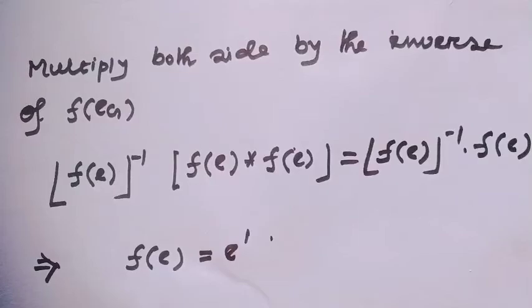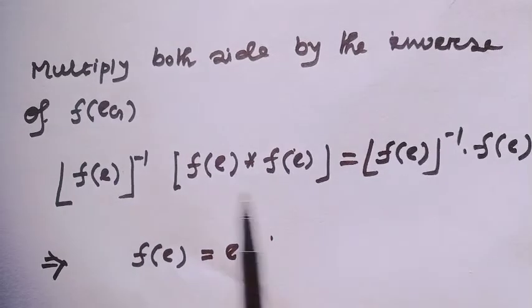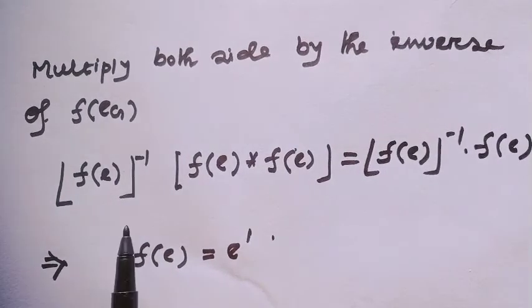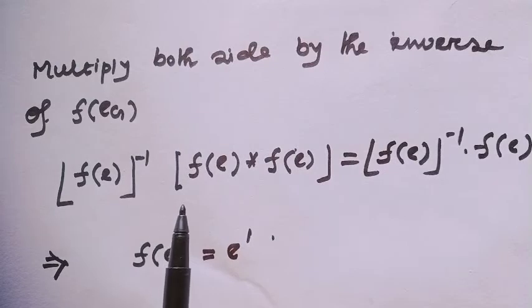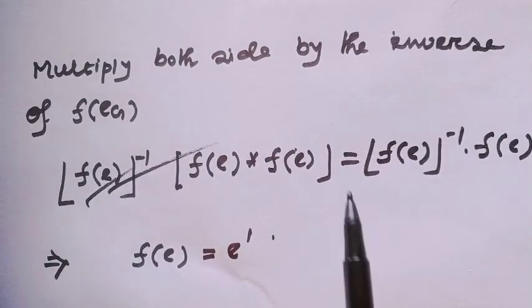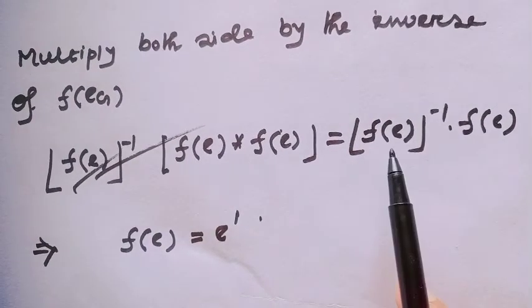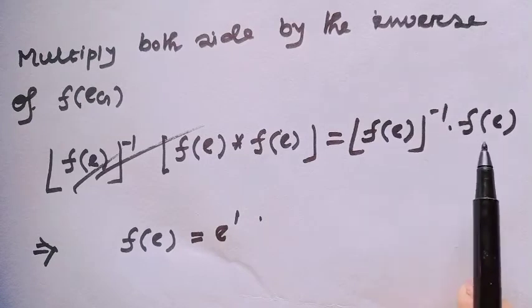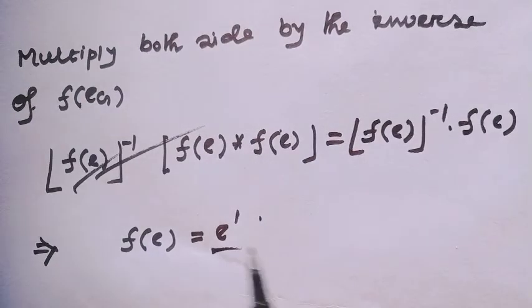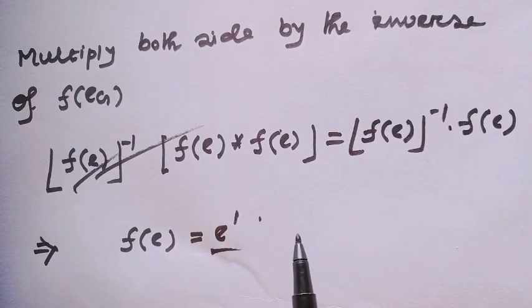Now, multiply both sides by the inverse of f of e. By the associative property, we can cancel it. Then I get f of e equal to, since f of e inverse times f of e is always equal to e prime. So, our proof is done.